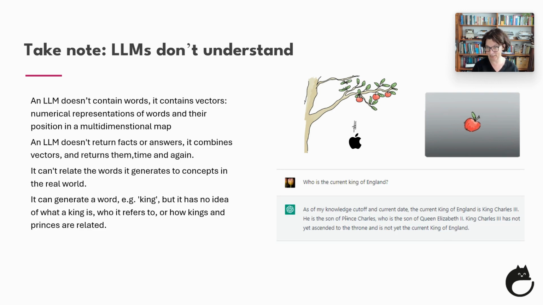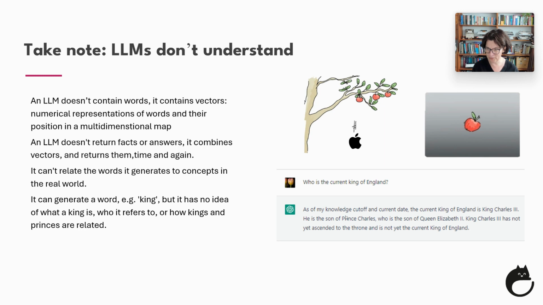And if you look at this very early example from ChatGPT, this is probably about 2 weeks after ChatGPT was introduced in 2022, you can see that it can generate a word, king, but it has no idea of what a king is, who it refers to, or how kings and princes are related. Because when I ask, who is the current king of England? And Elizabeth at this time was still alive.